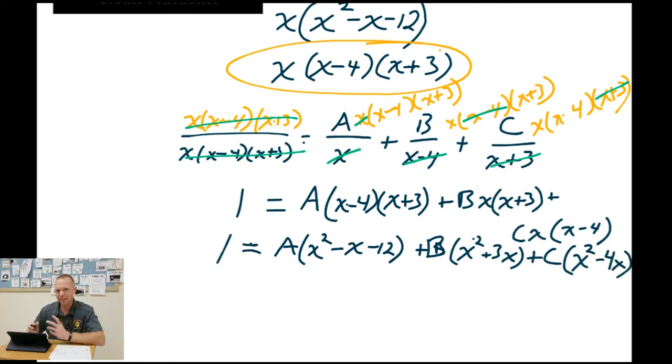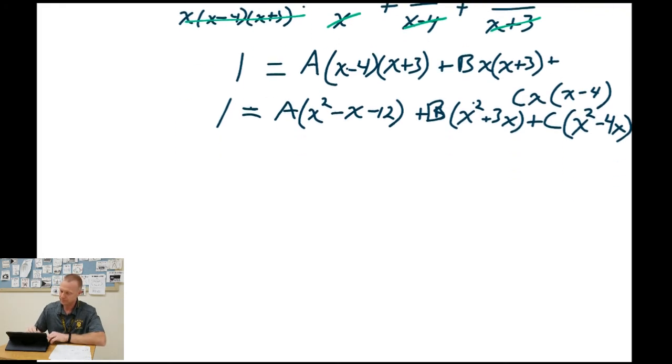Okay, at this point, you should feel comfortable that you can put all the x squareds together, all the x's together, and technically the constants. Okay, so A, B, and C all have an x squared.